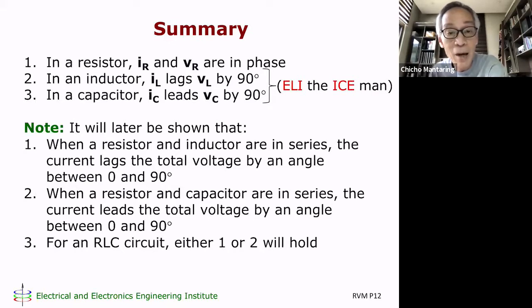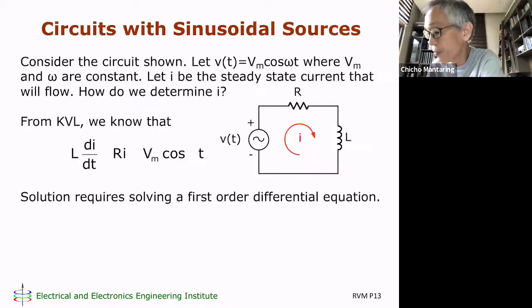When you have a resistor and capacitor in series, the current will be leading. It will be between 0 and 90 degrees. And when you have a resistor, capacitor, and inductor in series, it depends now on the relative values of your resistor and your capacitor. But that's getting ahead of the lesson.